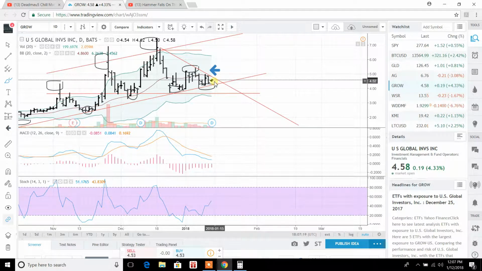So if we drop on this stock here, if we drop where my cursor is and it goes below the weekly support right around 433, the next support level is going to be roughly around 365. And I drew that out based upon this floor of price action. So we'll wait and see what happens.